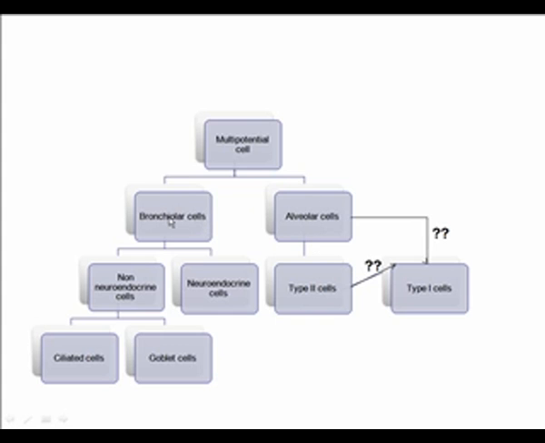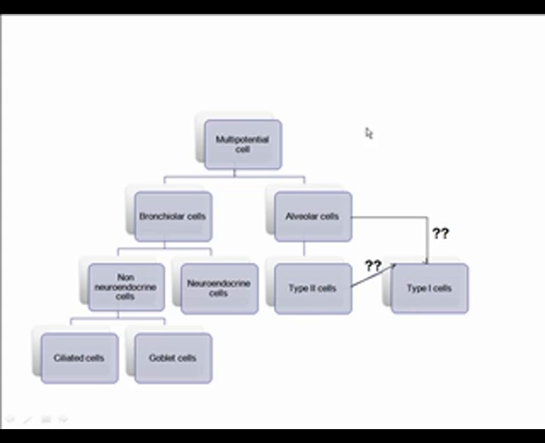The bronchiolar cells will then divide into two populations, the neuroendocrine cells and the non-neuroendocrine cells. And from the non-neuroendocrine stem cells, the ciliated cells and the goblet cells are going to form. And we do know some of the factors that can help drive this process, but we're not going to go into that in this lecture.